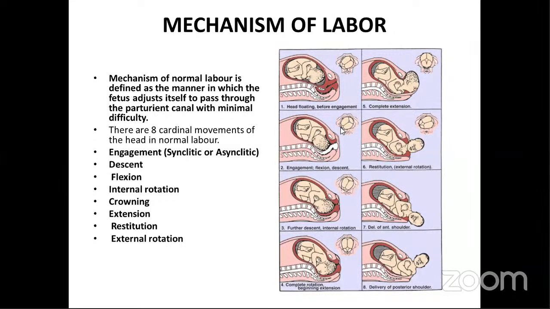When the baby's head is well flexed, the chin touches the chest, so you should be able to directly feel this portion of the fetal head. That is, you'll be able to feel the occiput properly, and only with difficulty will you feel the anterior fontanelle, which is more inside. That is how it shows that the baby is in a well flexed position. That is how you assess whether the degree of flexion is adequate or not. So you will be able to feel the posterior fontanelle easily when you do a pelvic examination, and only with difficulty the anterior fontanelle, which is more towards the pelvic cavity.